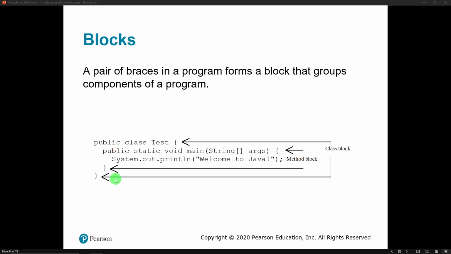The curly braces group the block together. We also have a method block. The beginning of the main method has a curly brace, and it has an end curly brace. And they both have to work in pairs, and that's the method block. So the class block in this case contains one method block, which is the main method. So we're always looking for those in pairs.